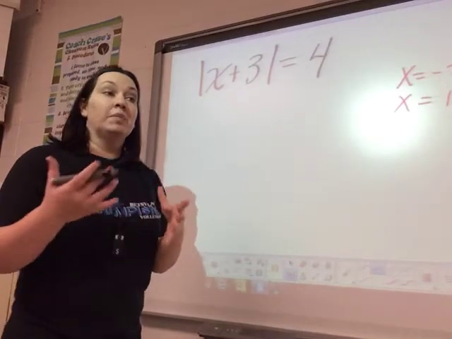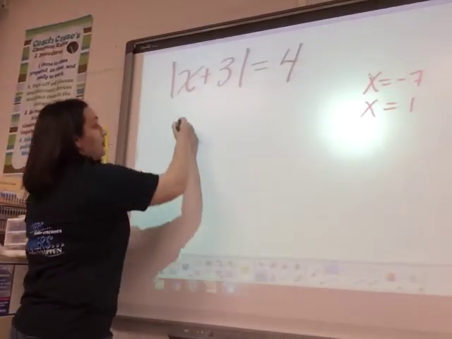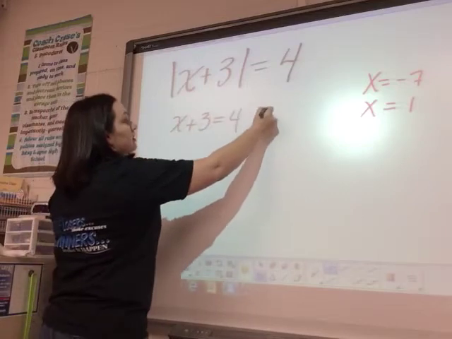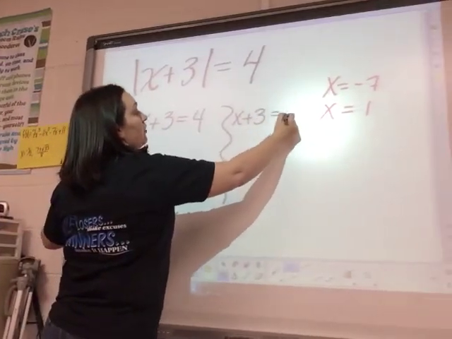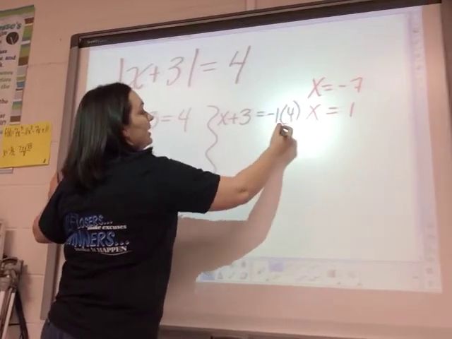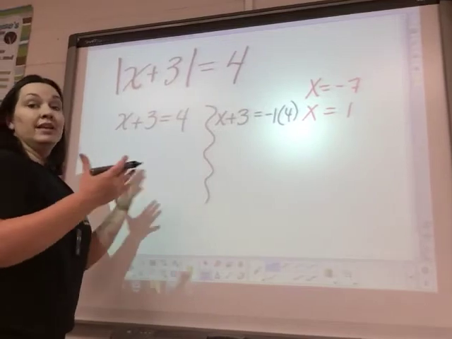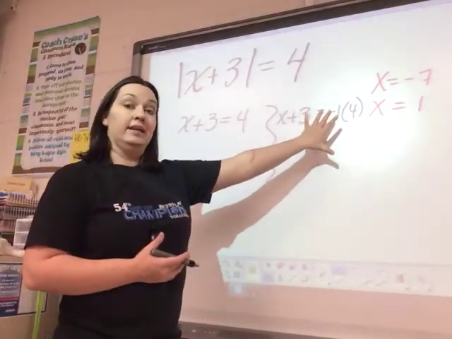The second thing is to make two problems. First problem, you simply drop off your absolute value bars. The second problem, we drop the bars off and we always multiply the right side by -1. This shows both the left and the right side of a number line, a positive side and a negative side.